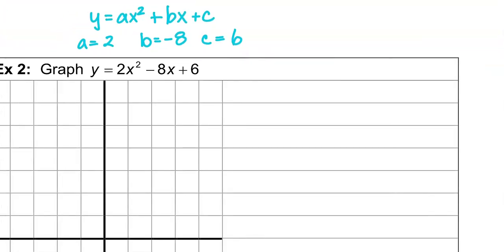Now, if you remember correctly, first we're going to identify the y-intercept. You guys remember how to find the y-intercept? It's going to be c, right? What's c? It's the 6 that's right here.